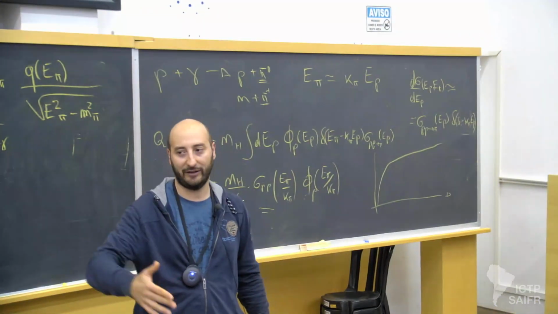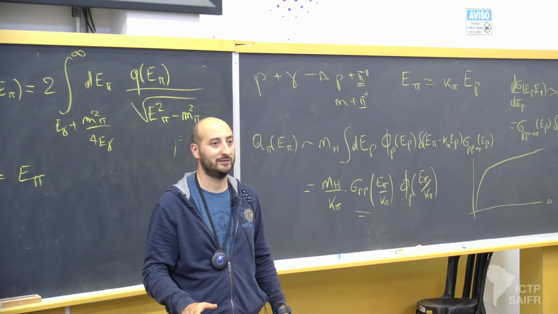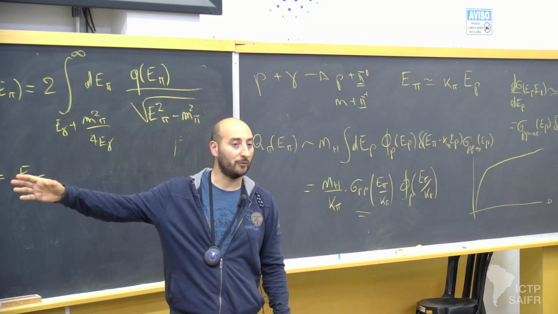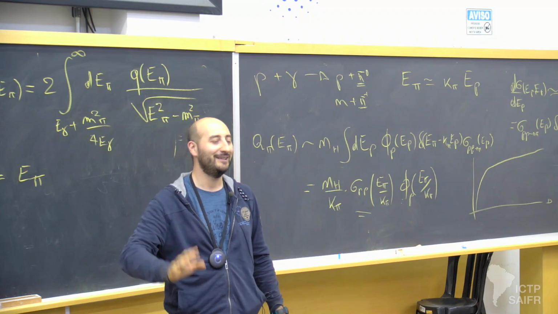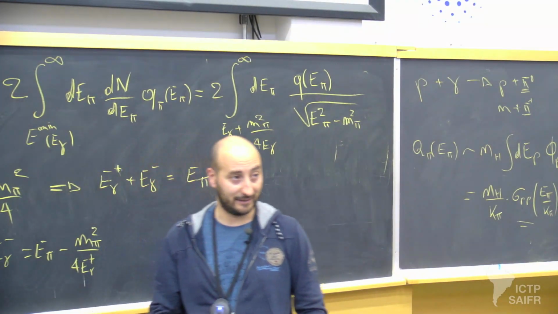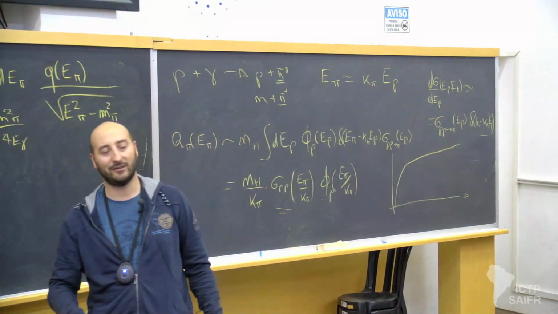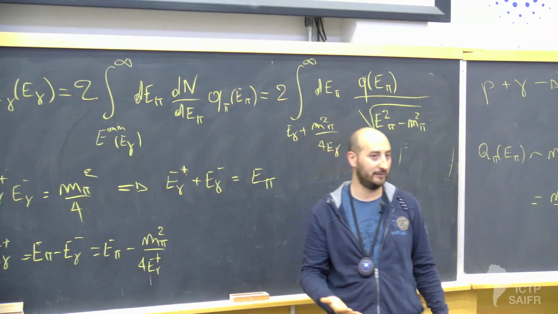So there is an effect that we will discuss tomorrow that alters this spectrum, but we can compute that. Okay? So we know that if this is true, the spectrum of positrons should look in a certain way. One of the discoveries of the past 10 years is that it doesn't look at all like that. Instead, it has a much harder spectrum than we expected.